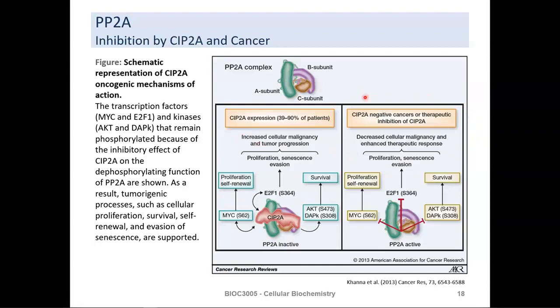If we look at cancers that are negative for expression of this PP2A inhibitor, or where therapeutic inhibition of CIP2A has occurred, there is decreased cellular malignancy and also enhanced therapeutic response. And this is because the PP2A phosphatase is able to perform its normal dephosphorylating activities.